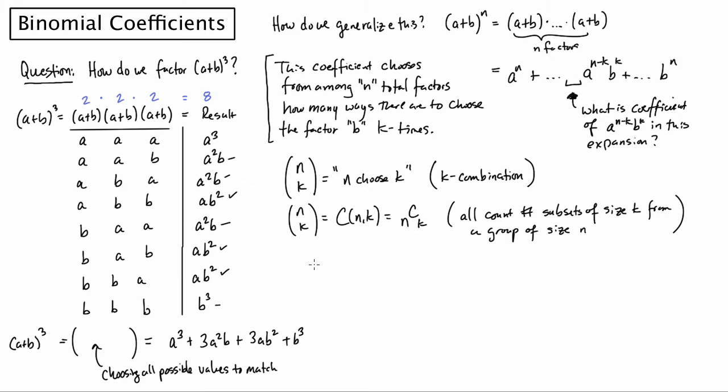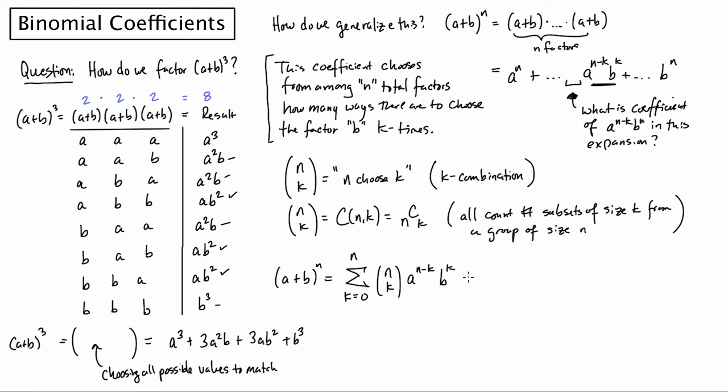Now, as a small example of this, if I extend this a little bit further, we talked about generalizing (a plus b) to the n, and now that I know the coefficients and what the general term looks like, I can say that the expansion of (a plus b) to the n is the sum of k going from 0 to n, where all the coefficients are n choose k, and you have a to the n minus k, b to the k as the general term.